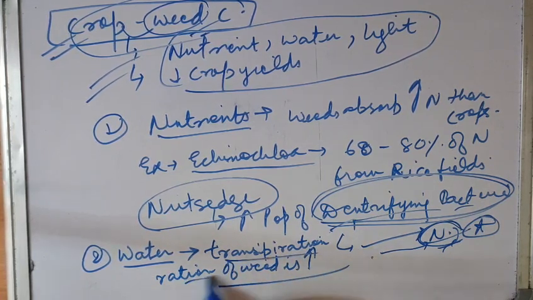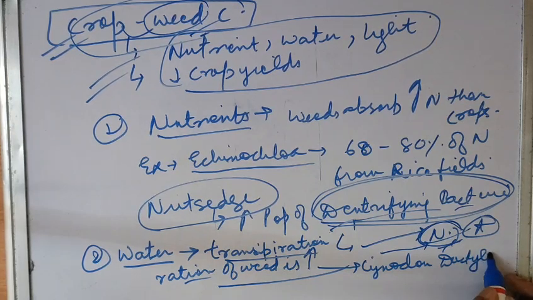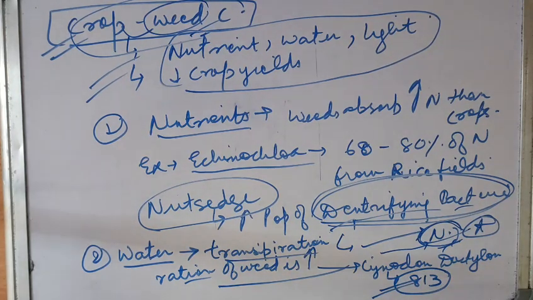So when the transpiration ratio is high, obviously they will take up more water. For example, you can give Cynodon dactylon, that is a common weed. Its transpiration ratio is 813. You can see it is so high, 813. That is why weeds absorb more water than crops.